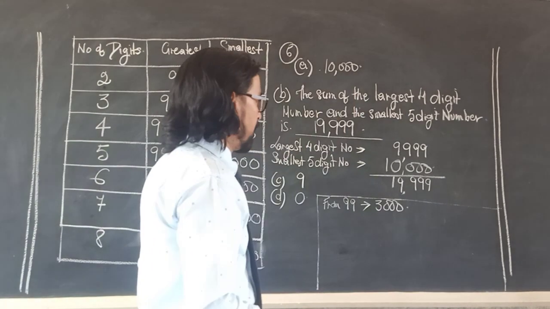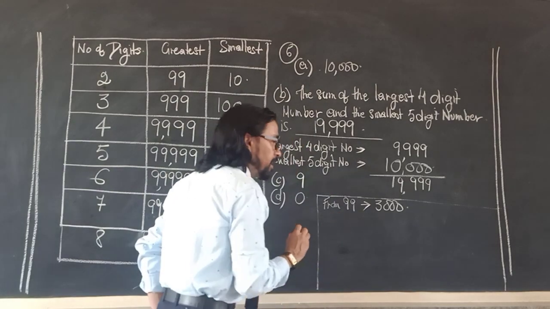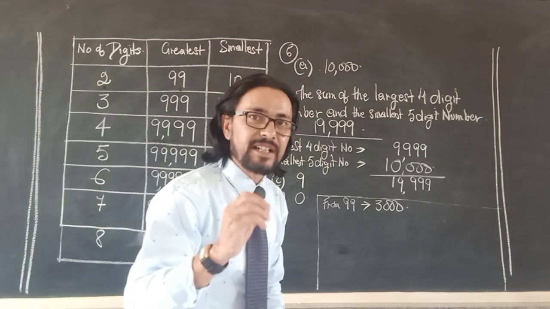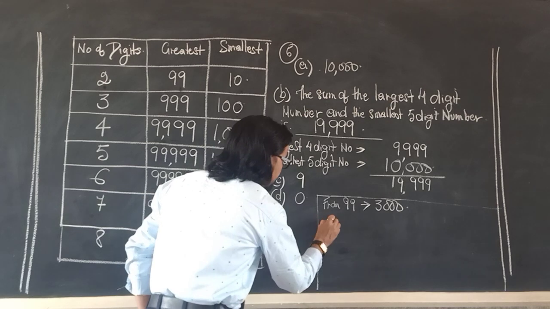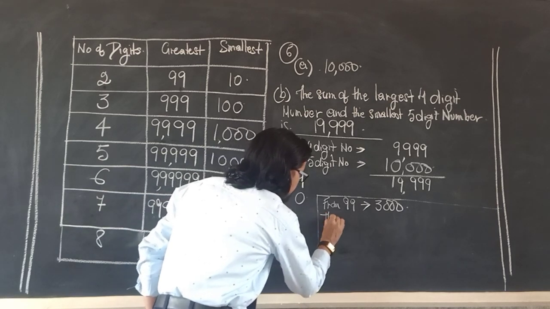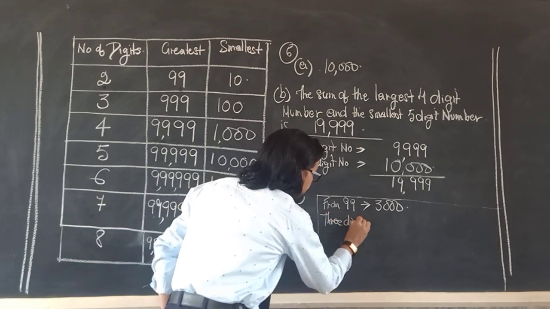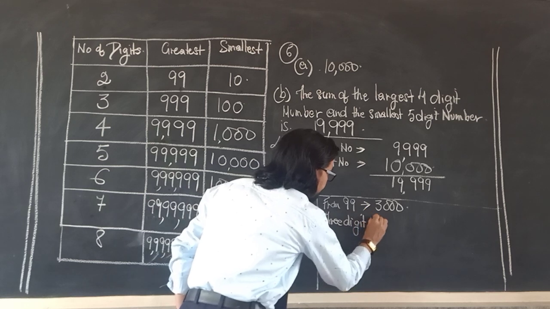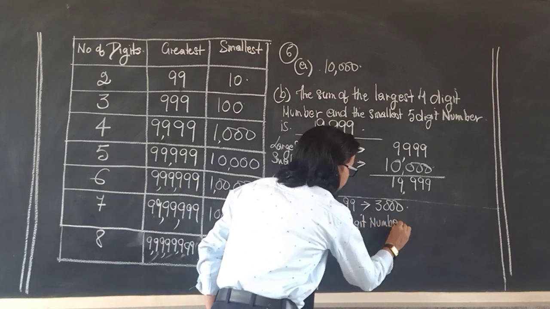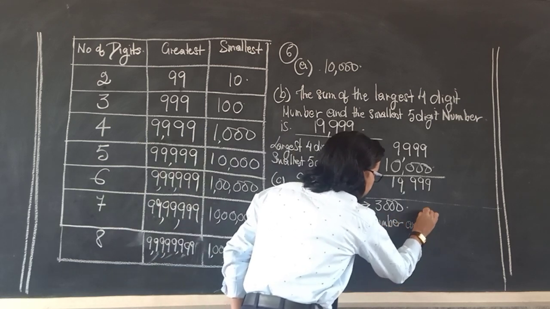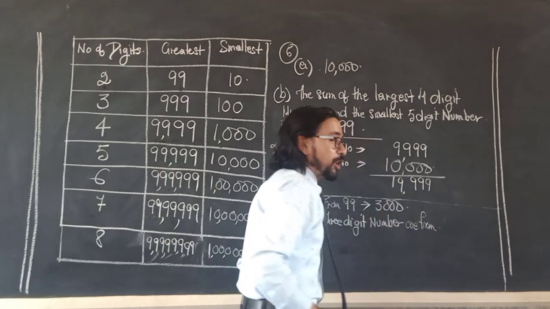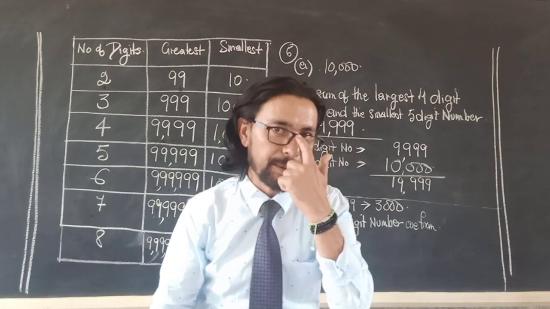So, how many? I have my 3-digit numbers till 999. Now 3-digit numbers are from which number?